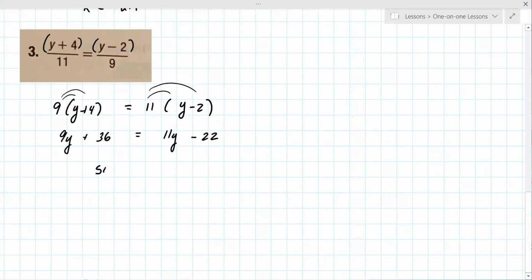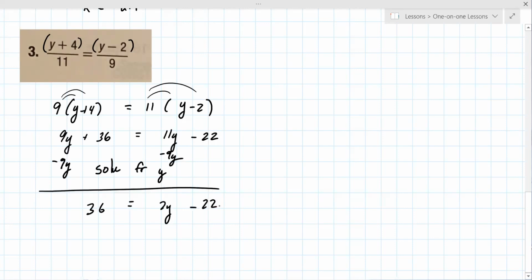So we're gonna solve for y here, which means we got to move some things around. I'm gonna subtract 9y from both sides. So that gives us 36 equals 2y minus 22.